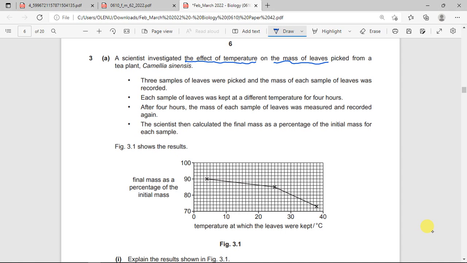Once given a question like this, you should always identify your independent variable. Independent variable is what you change in the course of the experiment. Since we are looking at the effect of temperature, this will be our independent variable. And since we want to measure the mass of leaf, that will be our dependent variable.